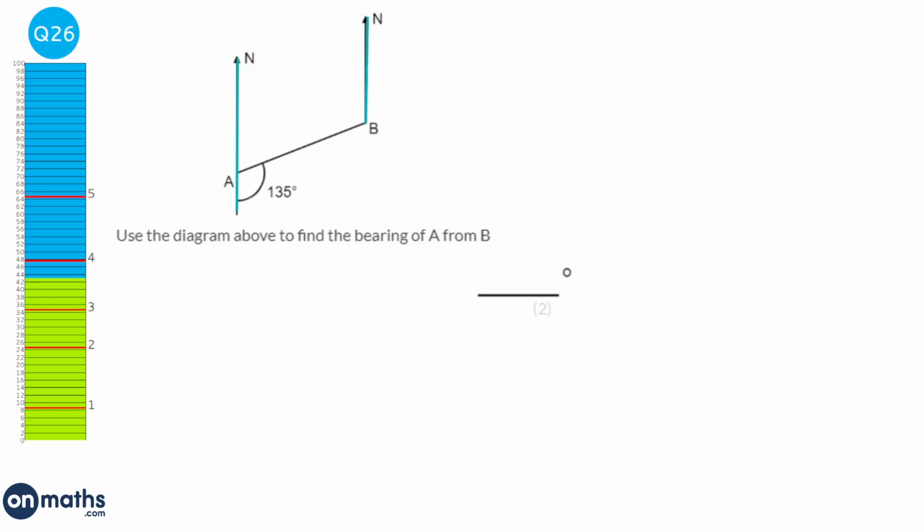So what we have here is a straight line going through two parallel lines, which are our two north lines, and therefore this angle here is going to equal this angle here. The reason for that is that the two angles are alternate, they're Z angles.